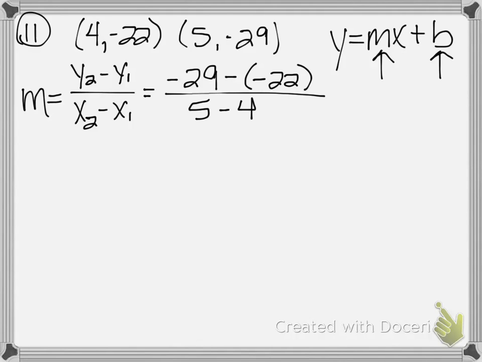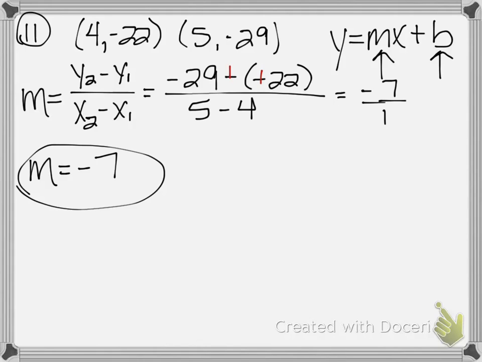So now my slope is negative 29 plus 22, so negative 7 over 1, or just plain old negative 7. So m equals negative 7.